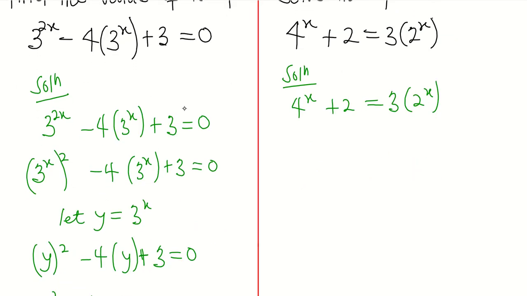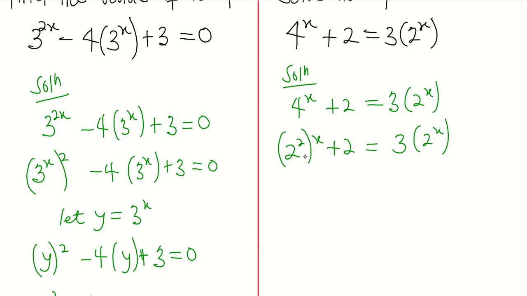Now in this instance, we are looking for a common base and exponent, and we equate to y. That is our preferred variable. So we can express 4 as 2 exponent 2, and we have exponent x plus 2, which is equal to 3 multiplied by 2 exponent x.